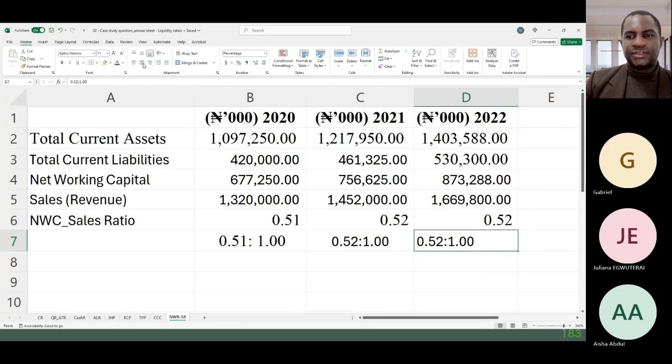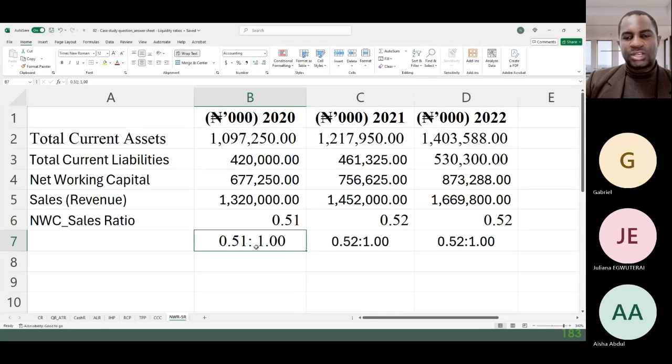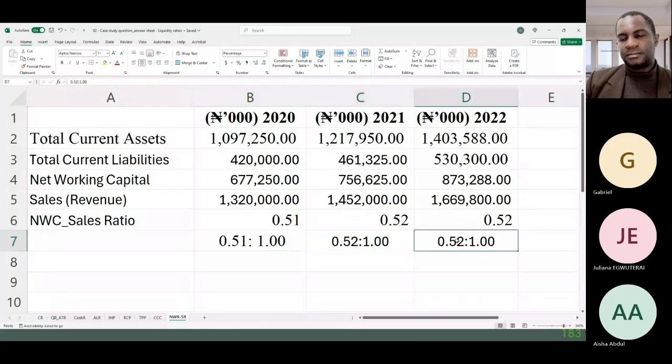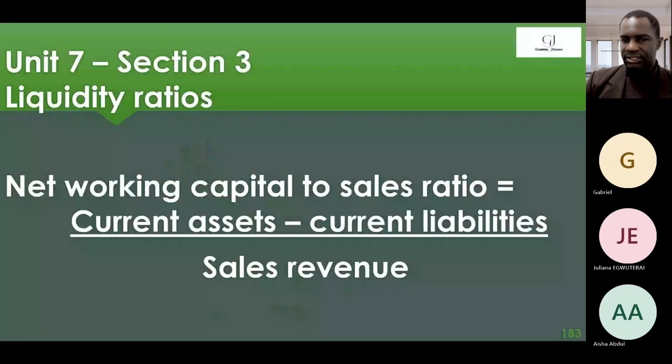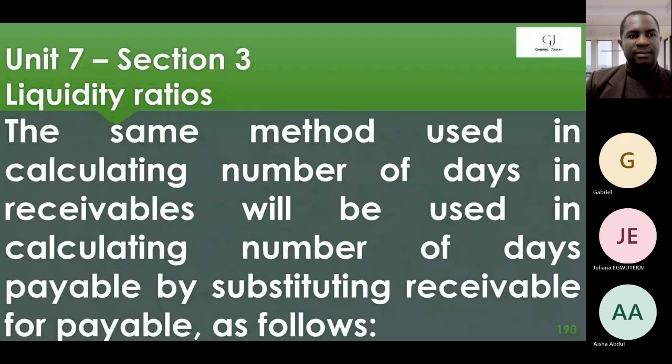So I think half of the money generated for revenue each year is used as working capital. Well, it will depend on our interpretation anyway. Because we have 51%, 52%, 52% of revenue. But since it's a ratio, we have to say how many it is to its number.